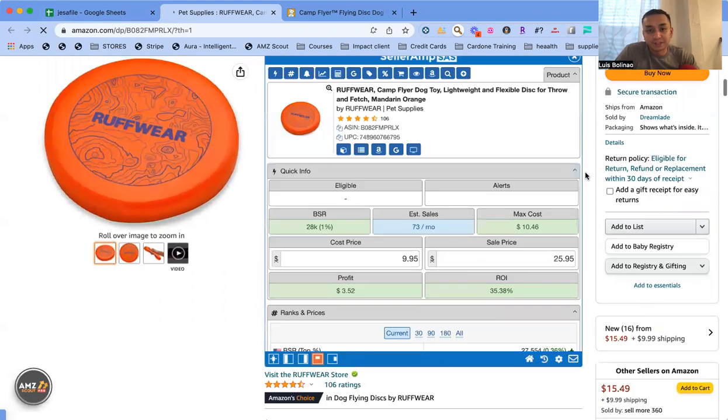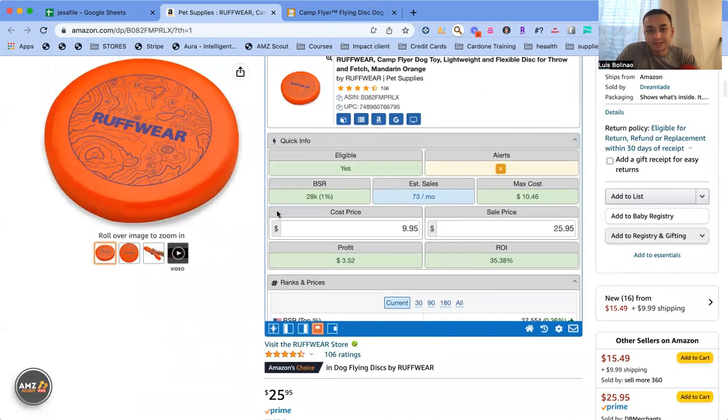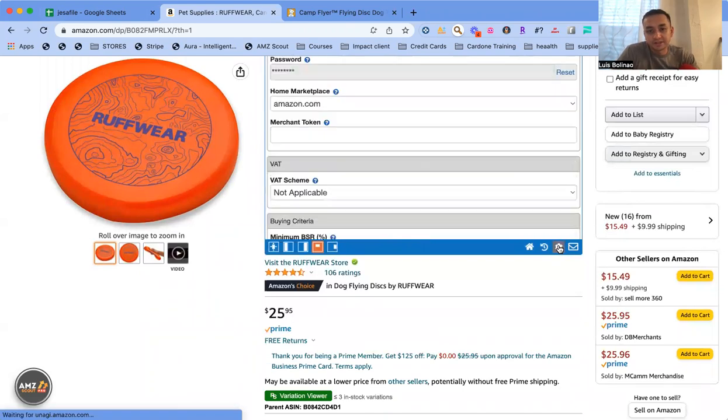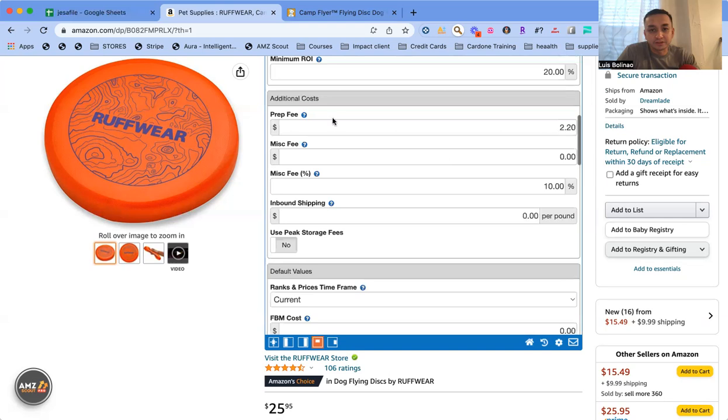Once you have Seller Amp, make sure that you have the settings correct. You go to your Seller Amp, go to settings, and then go to additional cost. Your prep fee would be $2.20 because we're paying Amazon $1 per unit to ship the items to them, and $1.20 per unit for the prep cost.